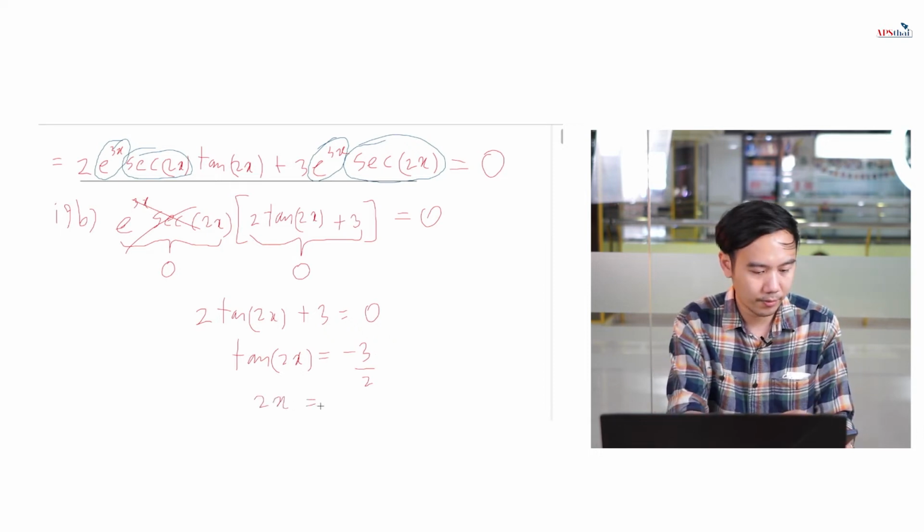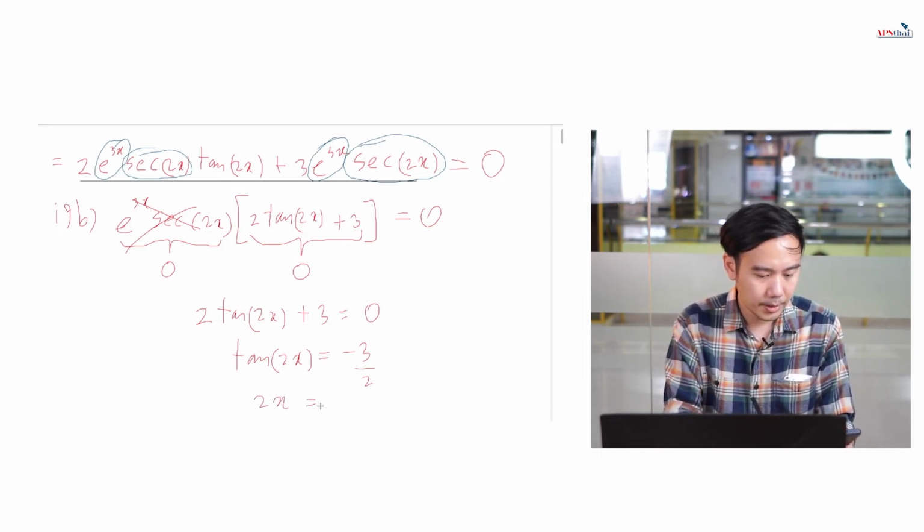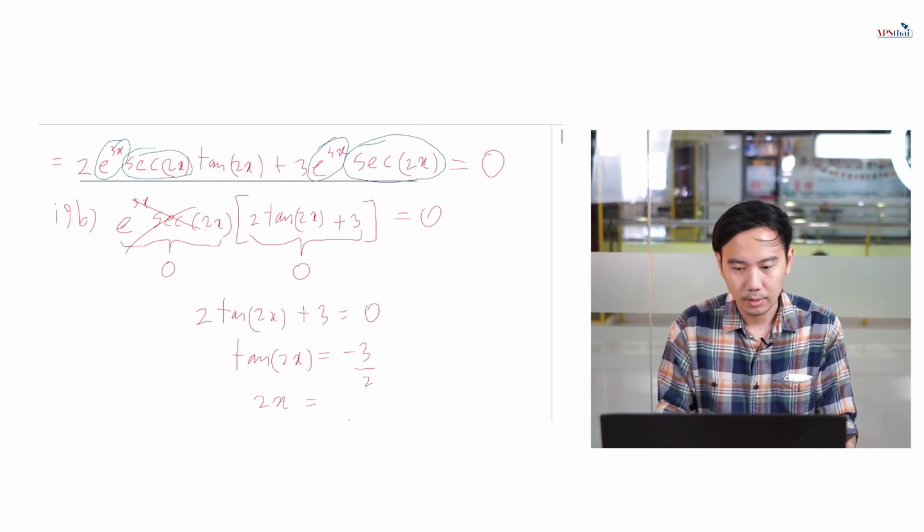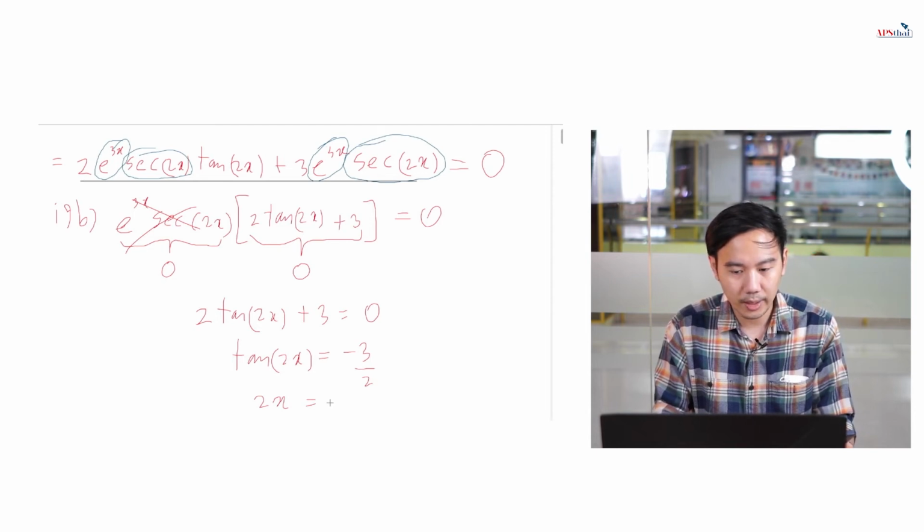Inverse tan of 2x. Please note that I'm going to do this in degrees first, of negative 1.5. Okay, so the angle that we get is negative 56.31 degrees.